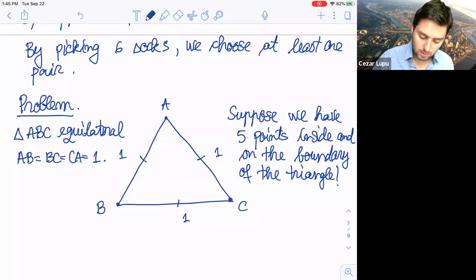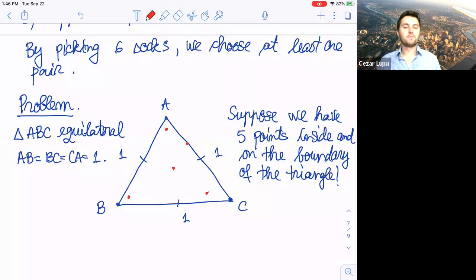Let's say we have here 1, 2, 3, 4, and you can put the fifth anywhere you want. Put it here. You have 5 points.